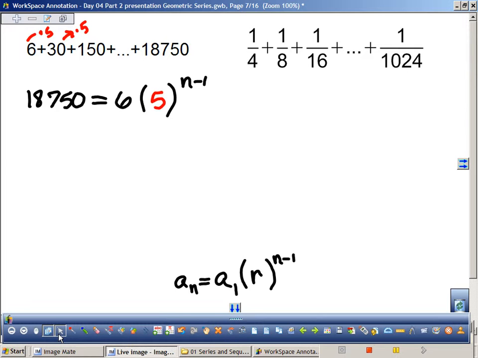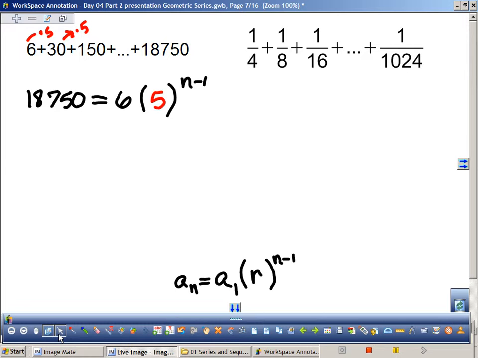Okay, so can anybody raise your hand and tell me what I have to do first before we can try and figure out how many 5s I need? What do we need to get rid of? Allison. The 6, right? This is too much information for us.